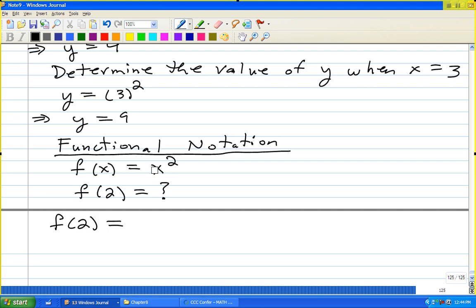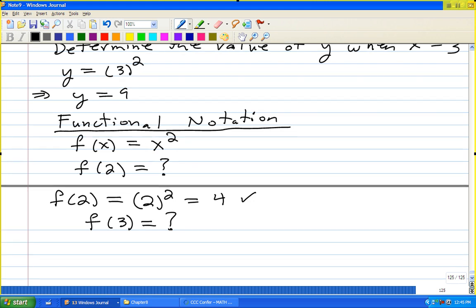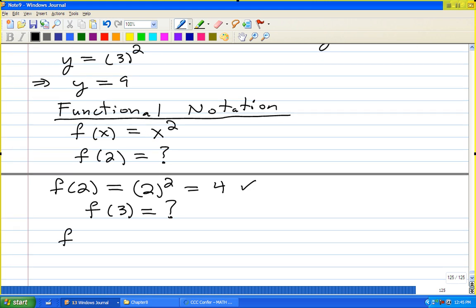Wherever I see an x in the function, I replace x by 2 and evaluate. Similarly, if I wanted to figure out the value of y when x is 3, I would just replace x by 3 and evaluate, just like what we did above.